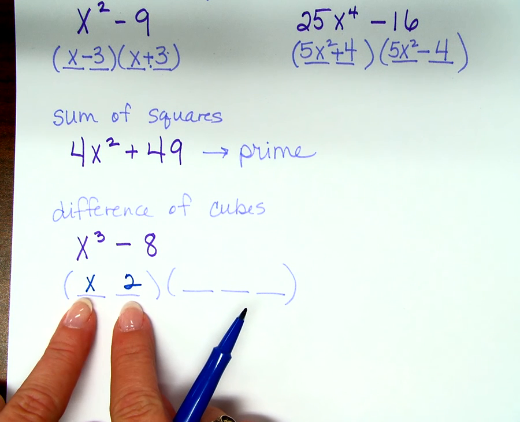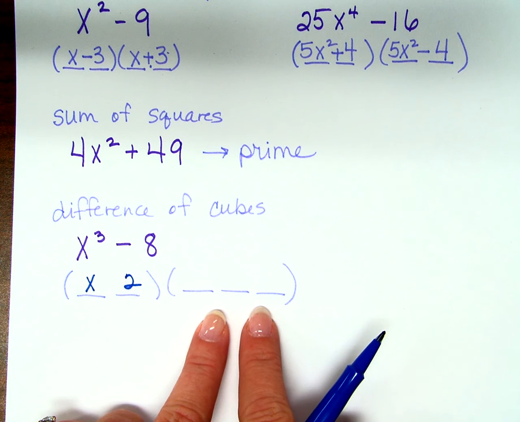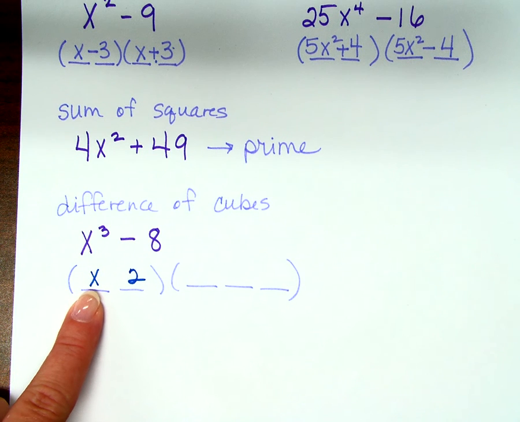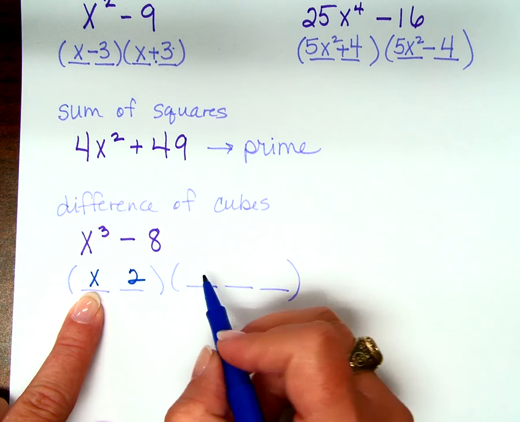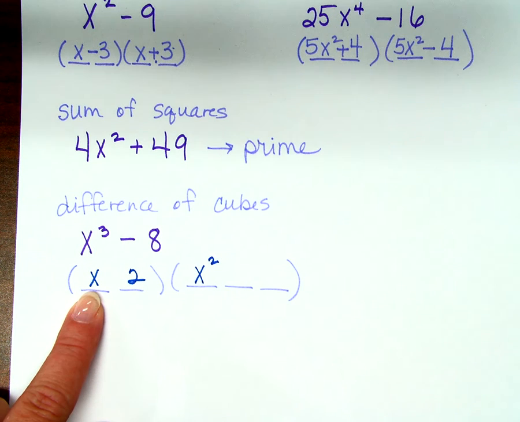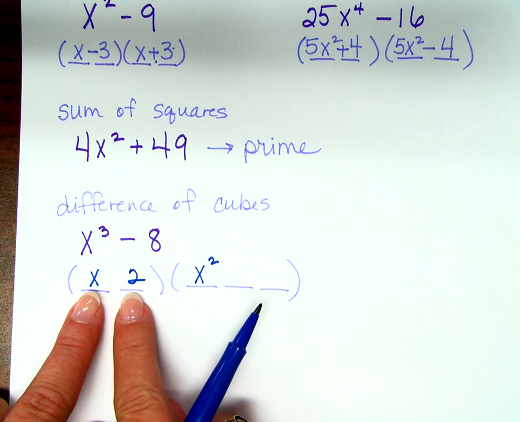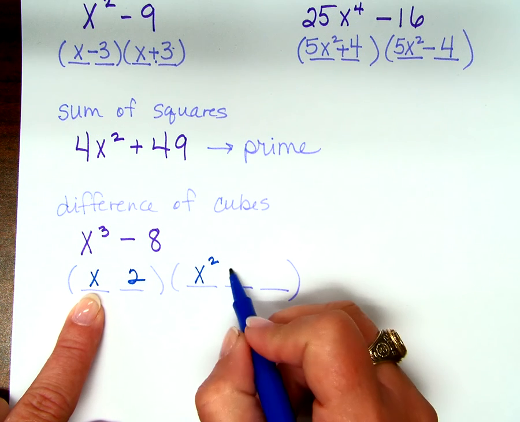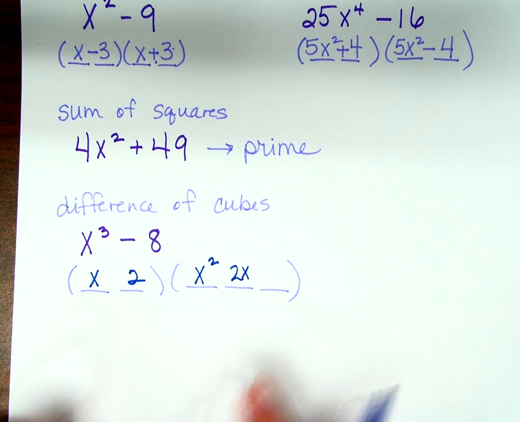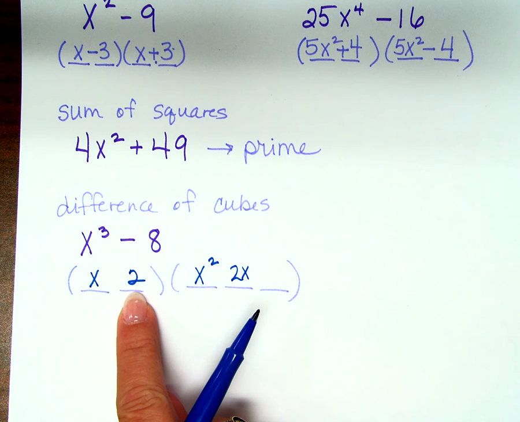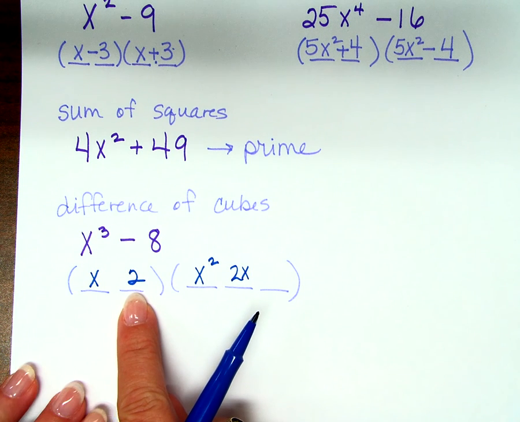Now I'm going to use my binomial to fill in my trinomial. You ready? Take this first term and square it. For the second term in my trinomial, I'm going to take these two terms and multiply them together. And for the last term in the trinomial, I'm going to square the second term in the binomial.